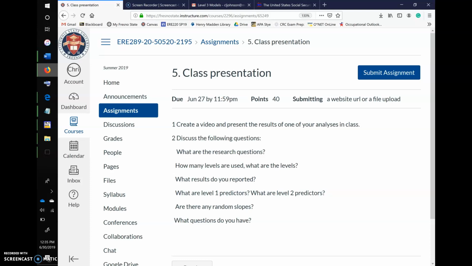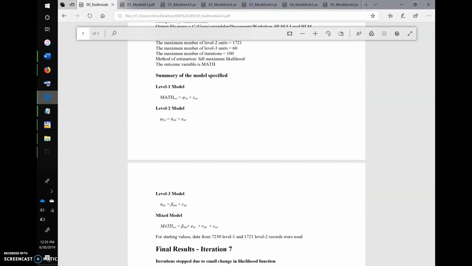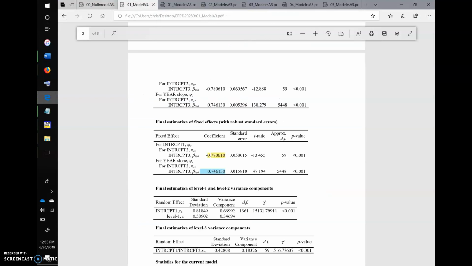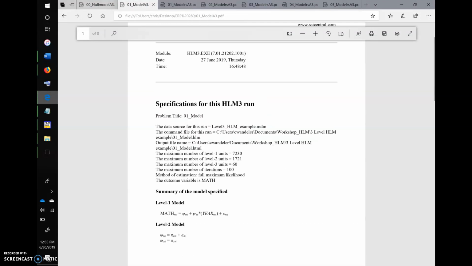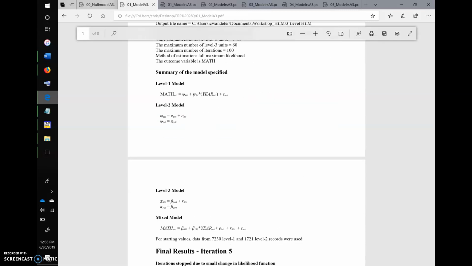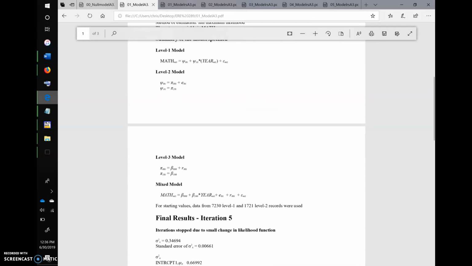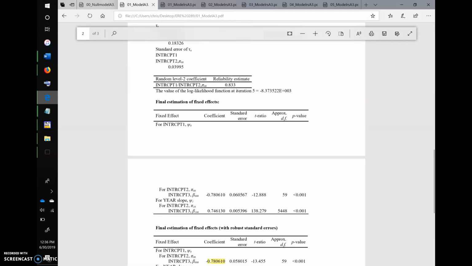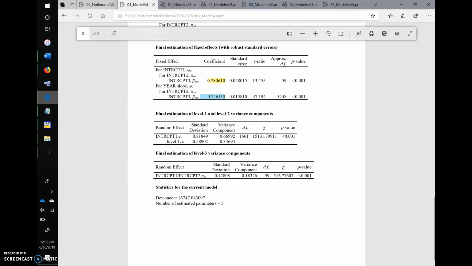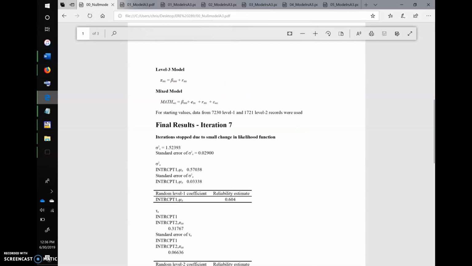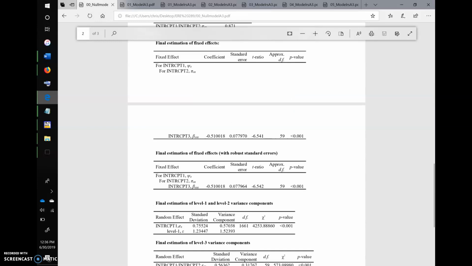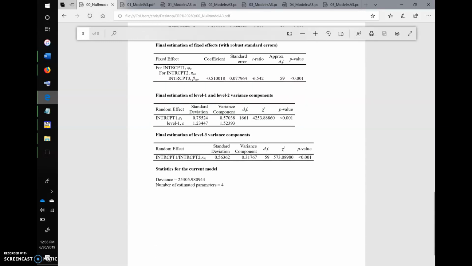One of the level 1 predictors that we used was year, seen right here, the level 1 year predictor. After going back to this, we do show that the variance component consists of roughly 20%.